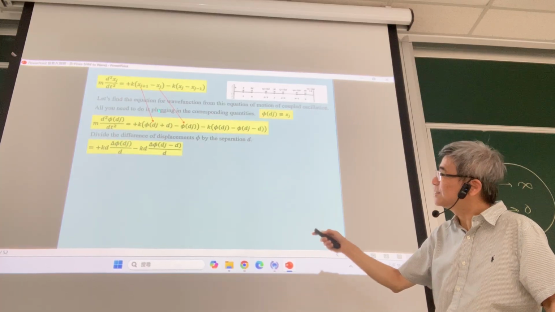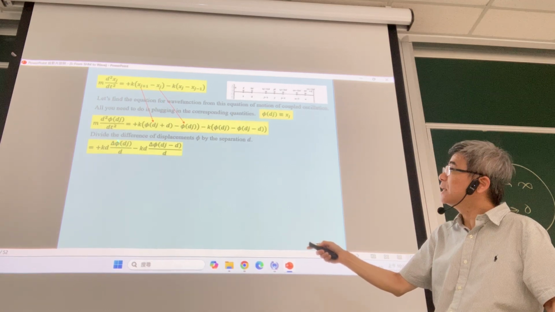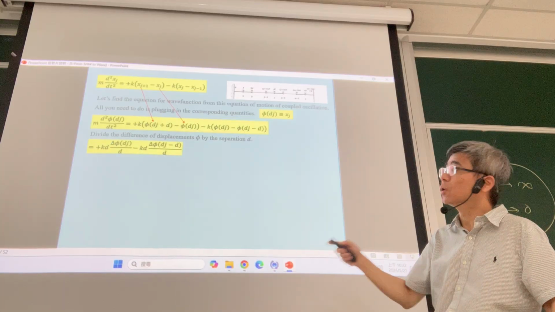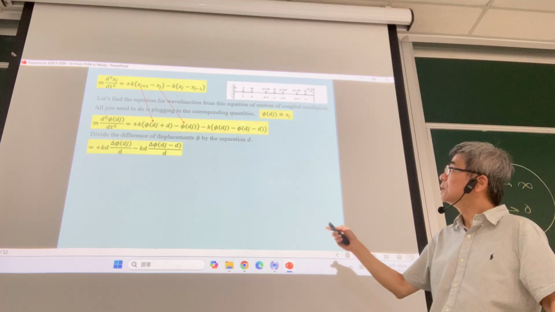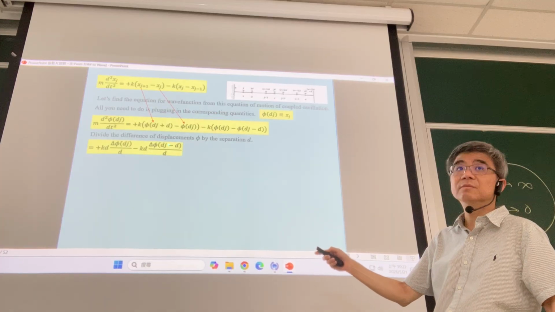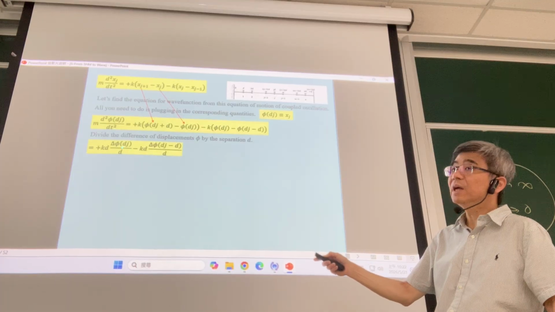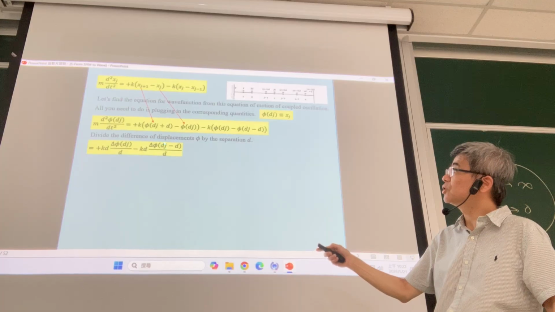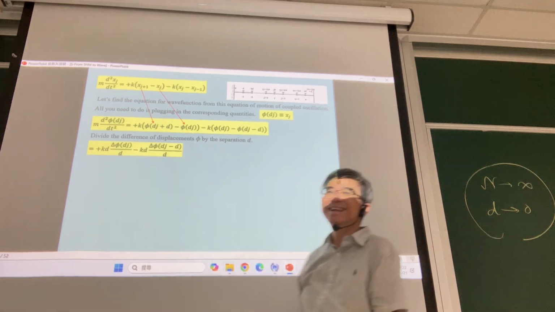I replace this difference of displacement by this notation delta phi, and then I divide it by d. When you divide it by d, you need to multiply by d so that the two compensate each other. So this term will become this, and this term will become this. Very similar, except that this term is evaluated at dj, and this term is evaluated at dj minus d.